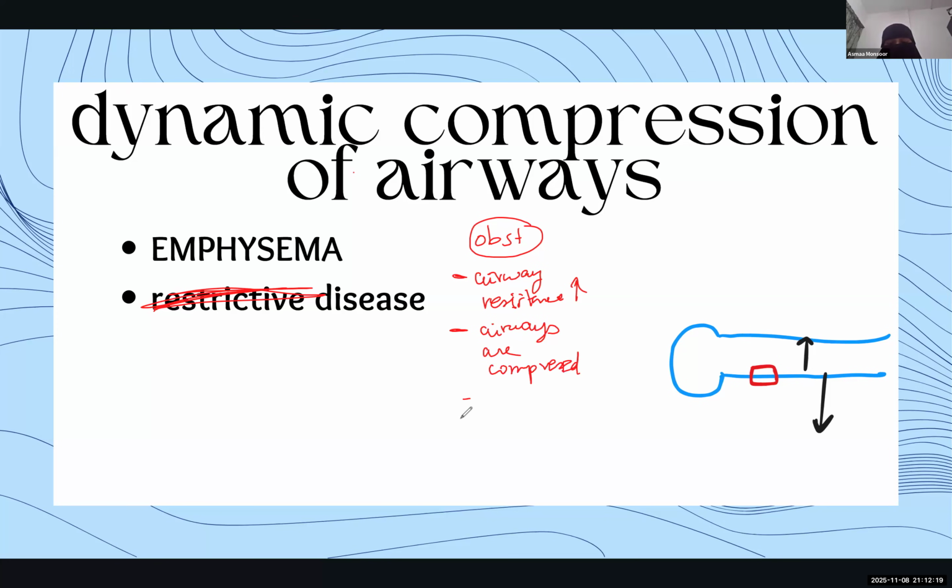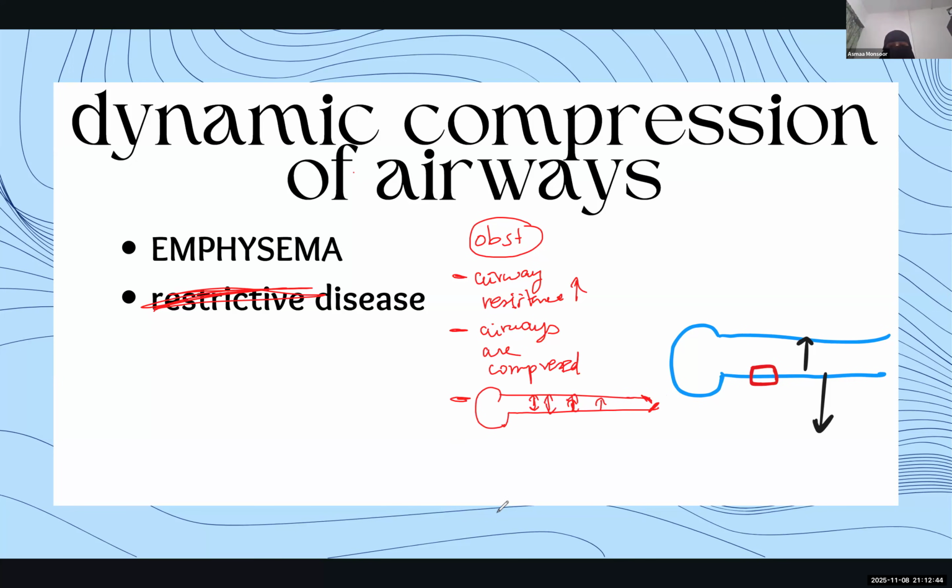Now, when the airways are compressed, you want the airways to stay patent, right? Because of which you do the lip pursed breathing. When the lip pursed breathing is there, you increase the pressure inside, so there's increased pressure over here.